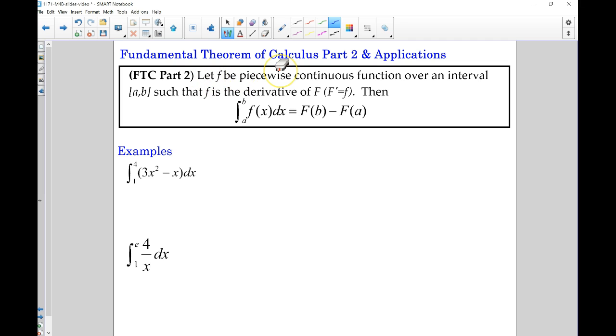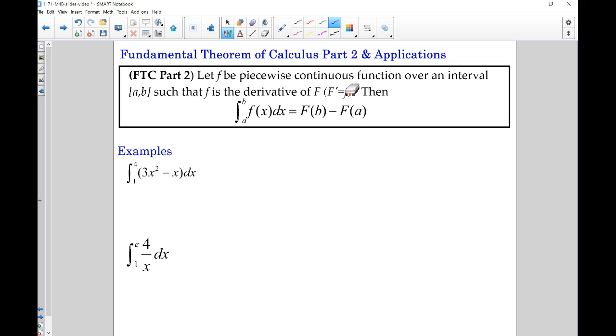So f is a piecewise continuous function, such that little f is the derivative of big F. In other words, the derivative of big F is little f.